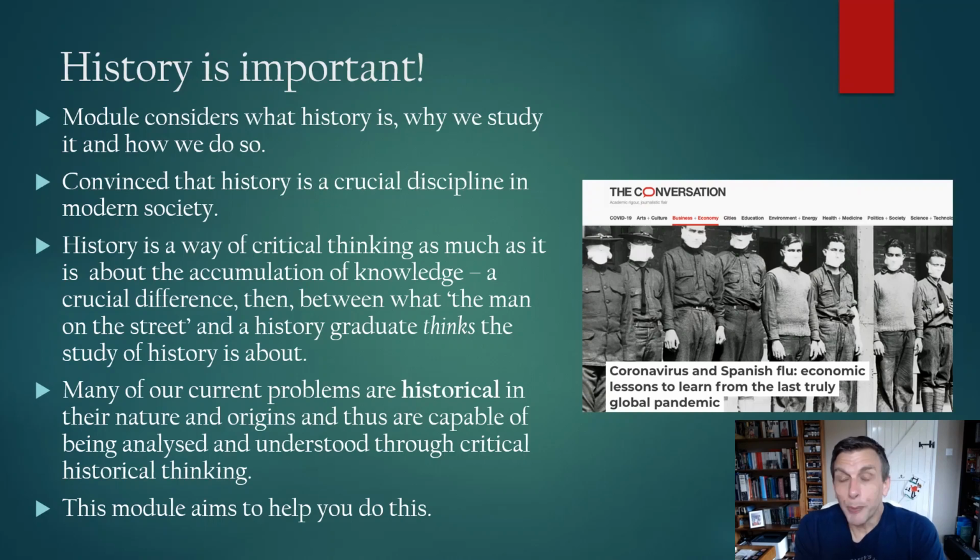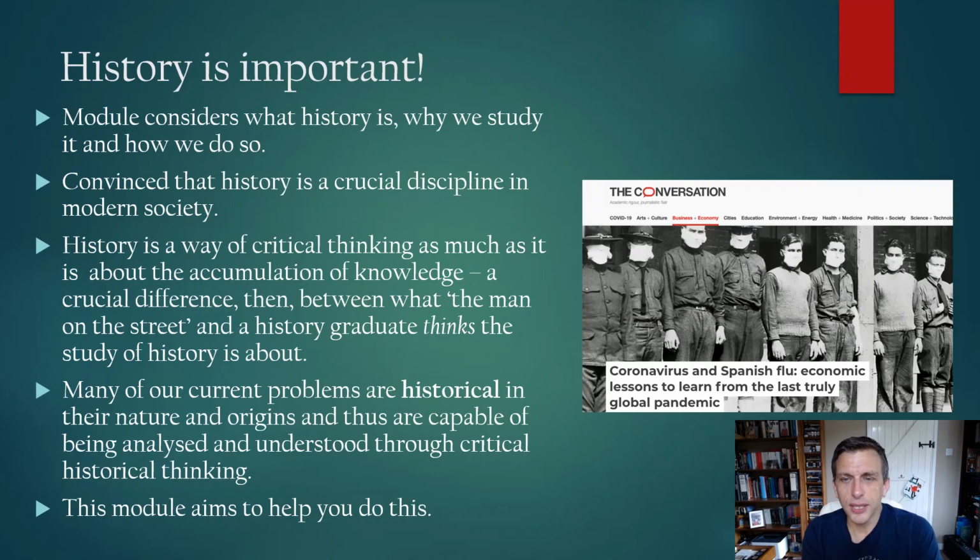So there are deeper levels to this as well. Some of our responses to the pandemic are conditioned by historical reflexes. Some people think that the entire power of the state needs to be brought to bear on the problem. Others think that what we need to do is let the private sector take control of things. These emerge from historical party positions, of course. So this module aims to help you do this kind of critical thinking.